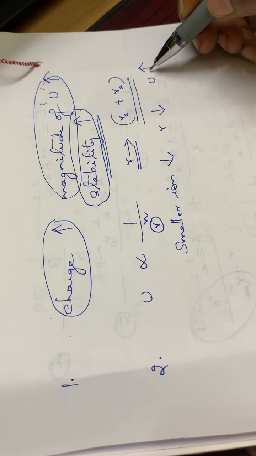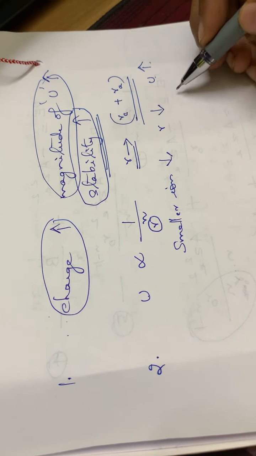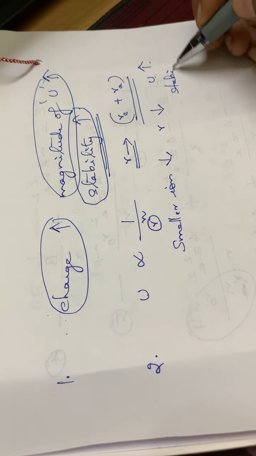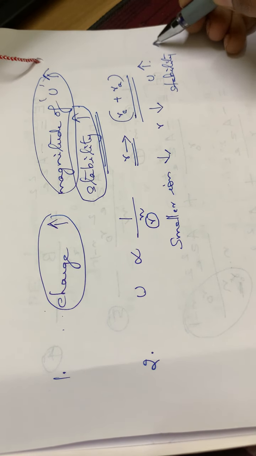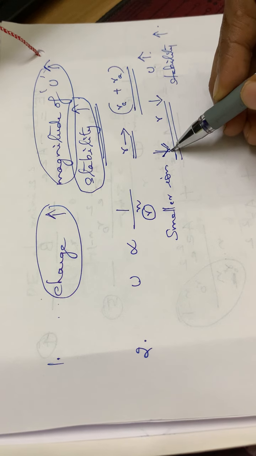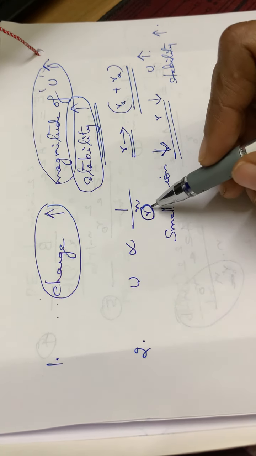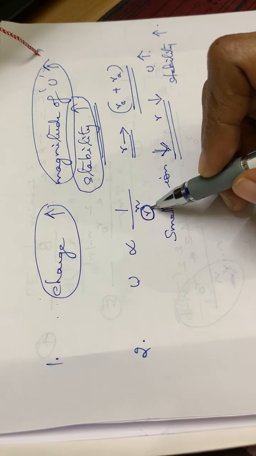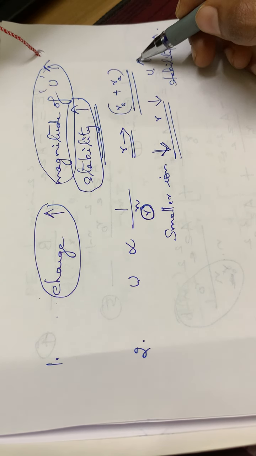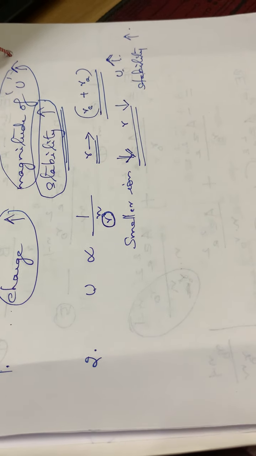And if the lattice energy is high, the stability will also be high. So if the ion size is smaller, the internuclear distance will be small, and the lattice energy, being inversely related to the internuclear distance, will be high, thereby the stability is also high.